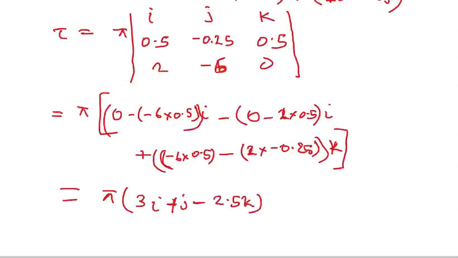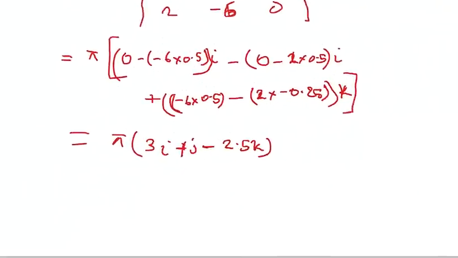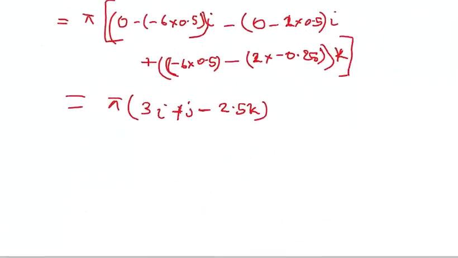We were told to determine the x component of the torque. The x component of the torque will be equal to 3 pi, and 3 pi is the same thing as 9.4.